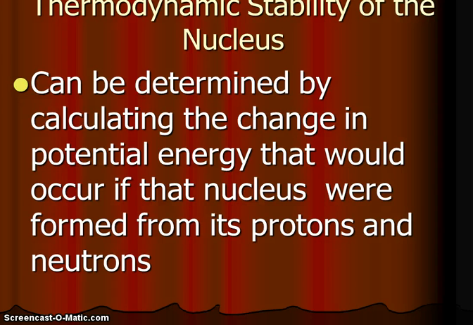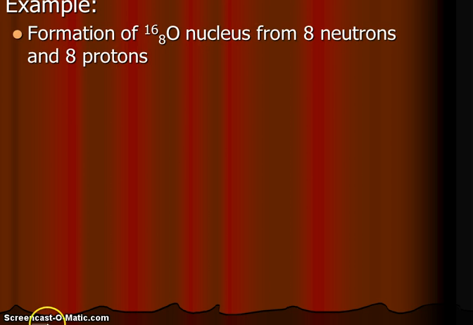Now we need to talk a little bit about the stability of the nucleus of a particular isotope. We can determine that stability by looking at the potential energy changes that occur when a nucleus is formed from its protons and neutrons. So we're going to look at an example.